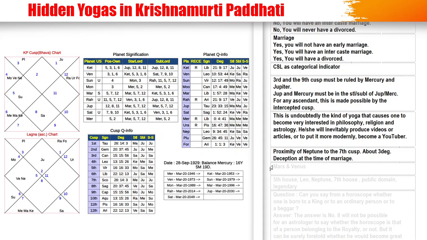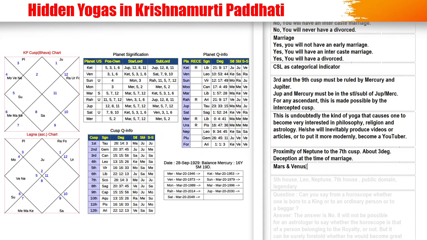Similarly, there is one finding related to Mars and Venus. I would not discuss the result of this particular combination, Mars and Venus, though definitely it gives an indication in a person's horoscope.